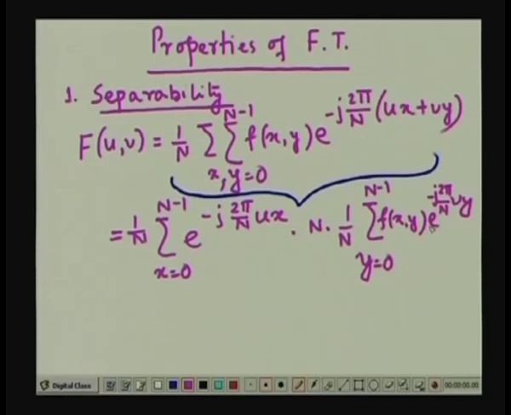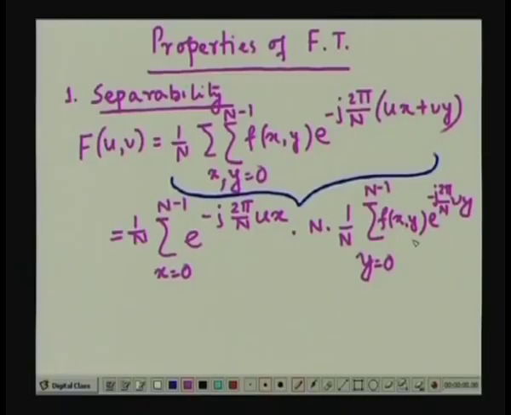In the second summation, where y varies from 0 to capital N minus 1, if we keep the value of x fixed, then the different values of f(x,y) represent nothing but a particular row of the image.